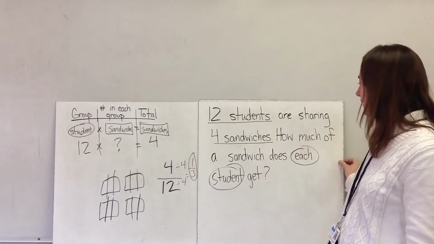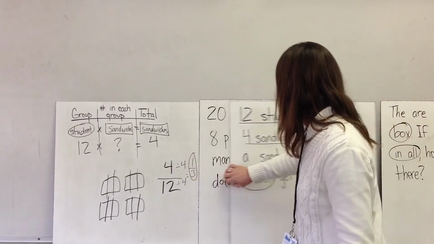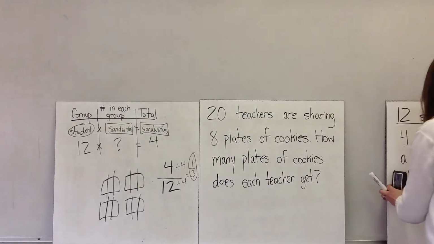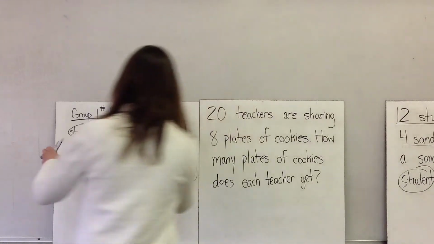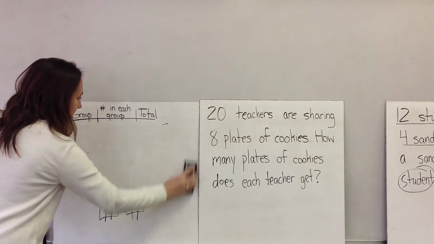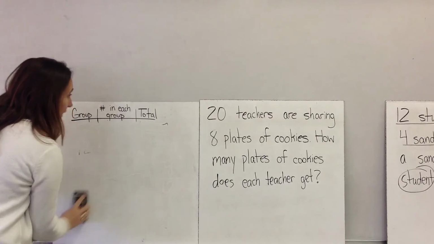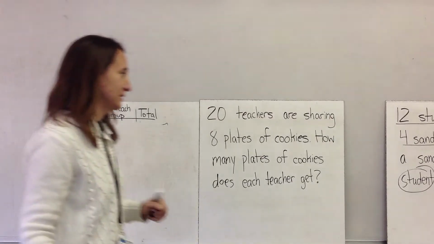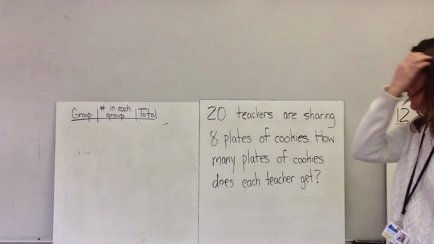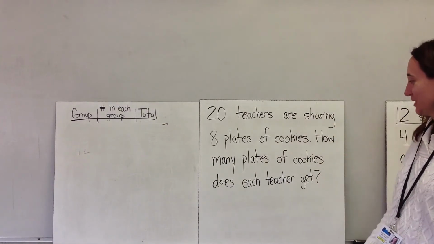Okay, so let's try this next one. Oops. Okay, I'm going to erase this. In this case, we have 20 teachers sharing 8 plates of cookies. They're very lucky teachers. They get 8 plates of cookies. It says how many plates of cookies does each teacher get?